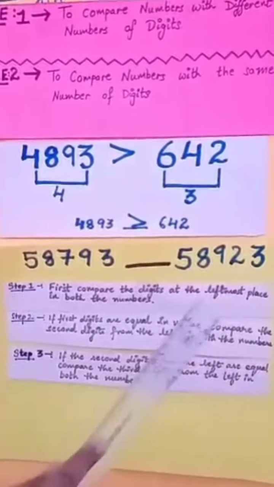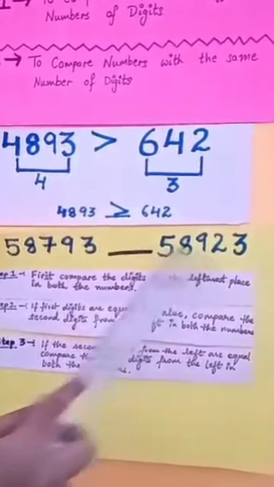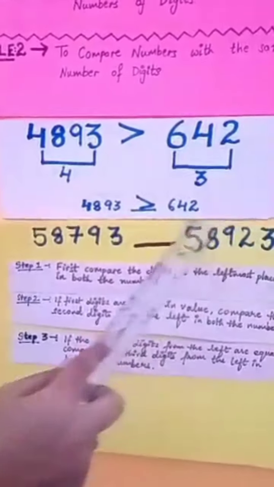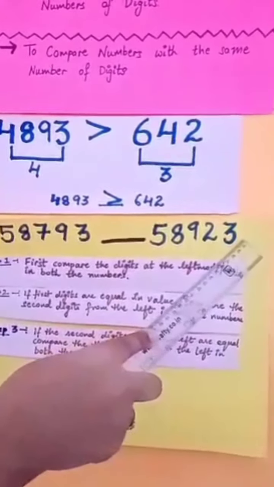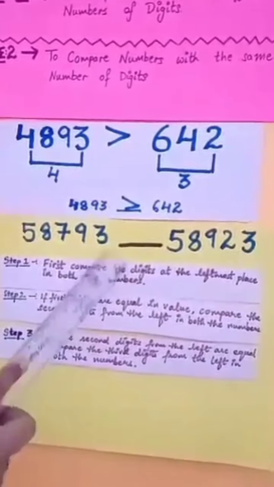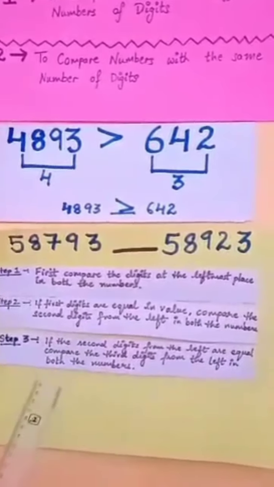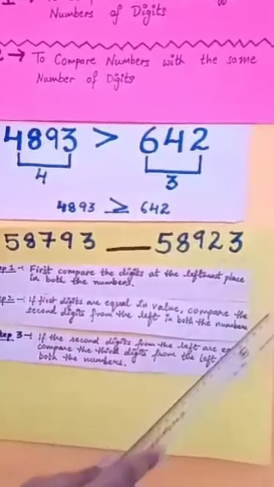This means that this number, which number? This number, because we have 9 here and here we have 7. So that means 58923 is greater than 58793.